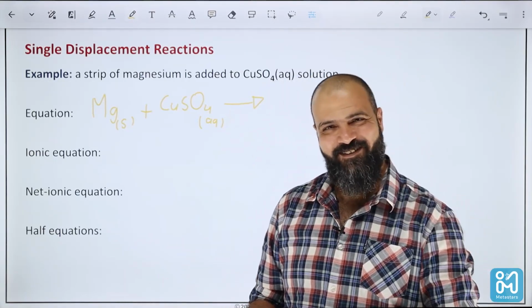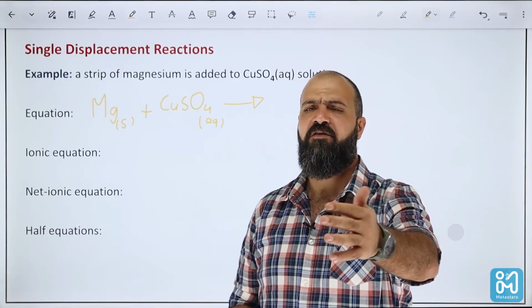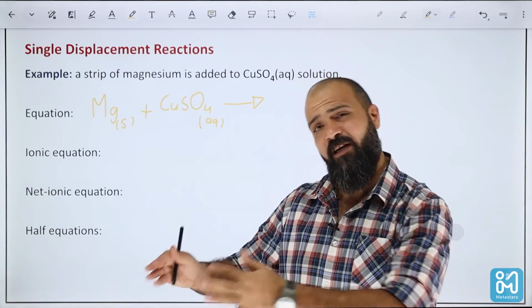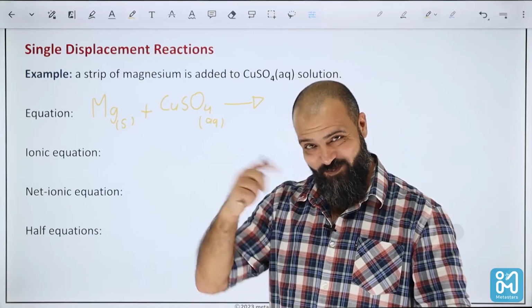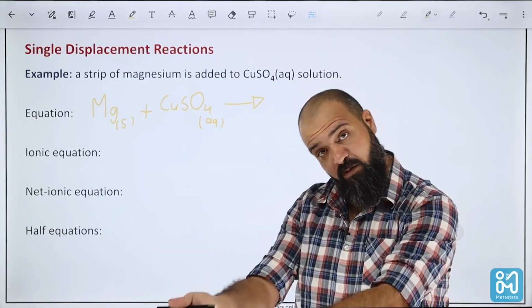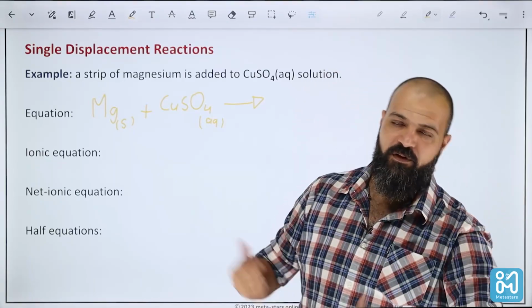See how? Magnesium is an alkaline earth metal. Alkali metals and alkaline earth metals are all more reactive than transition metals. So magnesium, look again, is more reactive than copper. So it displaces copper in its compound.